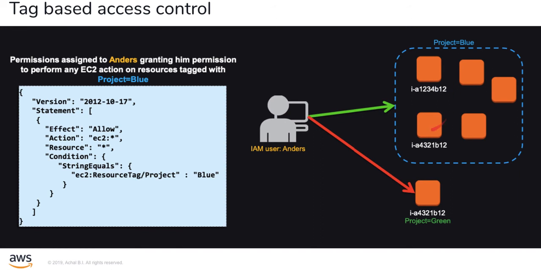He could not perform any action related to EC2 when it comes to a tag with project equal to green, the project and green key value pair. So this is a tag level of access control that you could provide to a user.